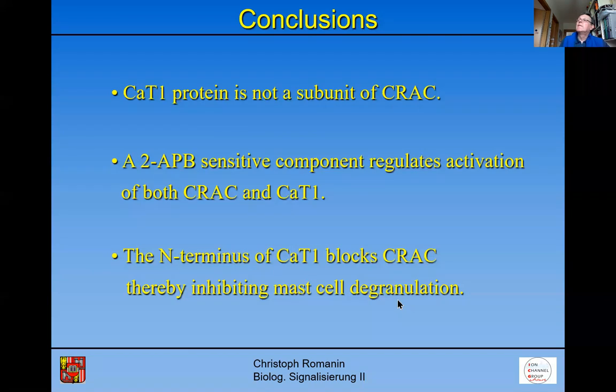Okay, that's on the involvement of CAT1 or TRPV6 as a tool or as a protein behind the CRAC channel machinery.